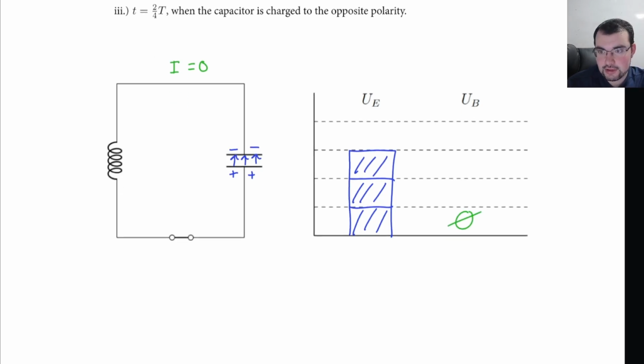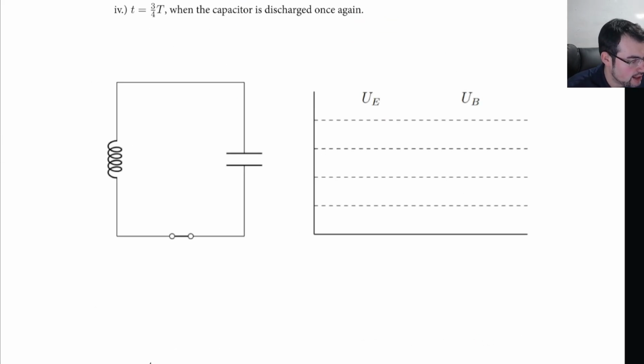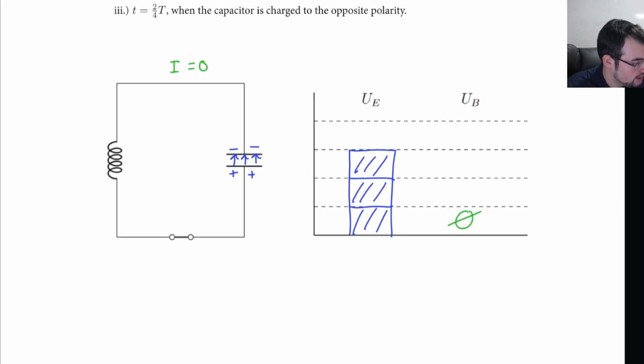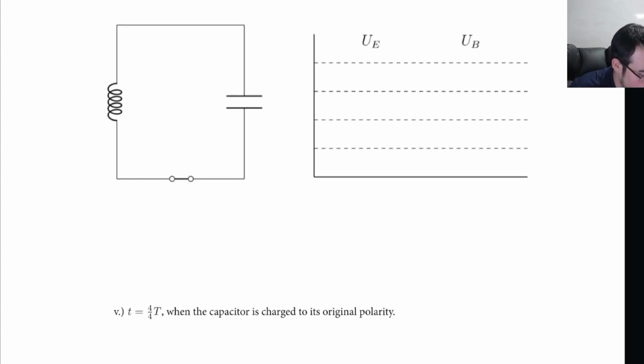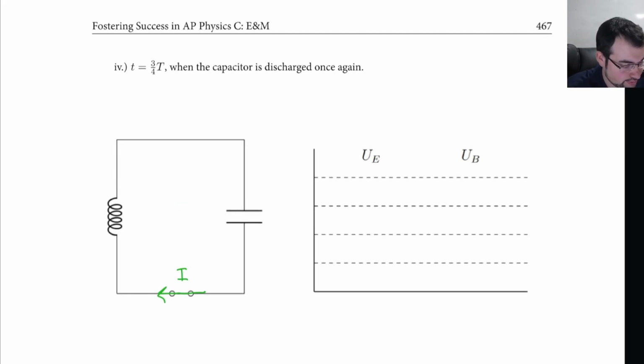Then another quarter cycle later, this capacitor is fully charged, so it's going to flip the current, because now it's going to discharge, but that current is going to go this way now as we discharge. So we have, instead of a counterclockwise current, this time we have a clockwise current.